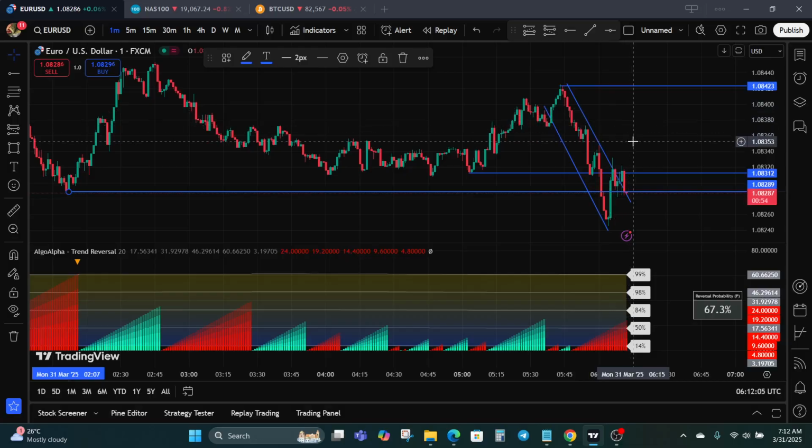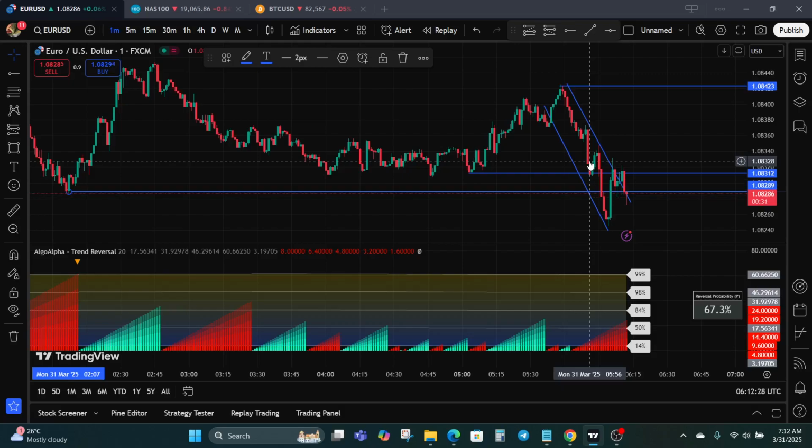Remember that while the trend reversal probability indicator is a great tool for spotting reversals, no indicator is foolproof. That's why using it alongside other forms of analysis is always a good idea. The more confirmations you have, the more reliable your trading decisions will be.